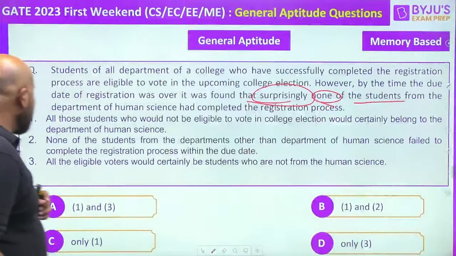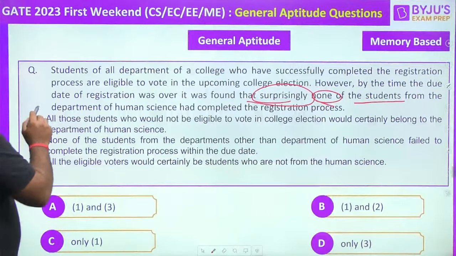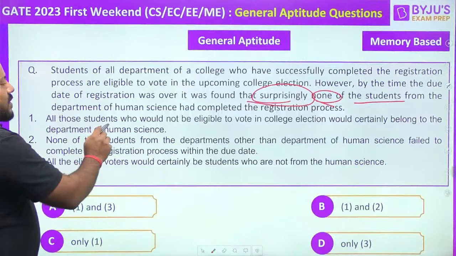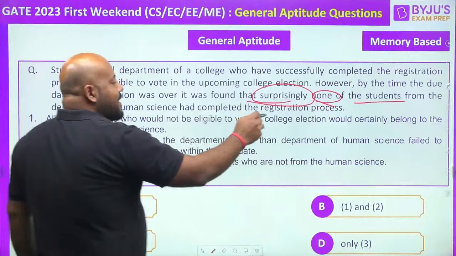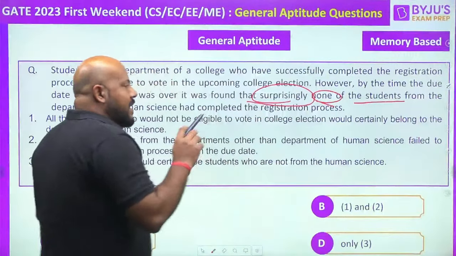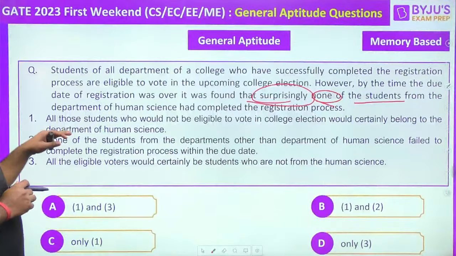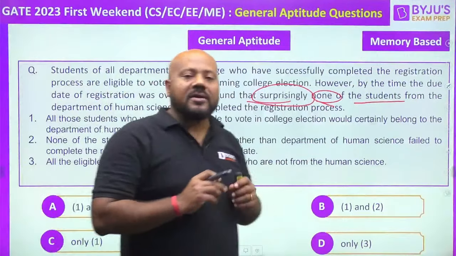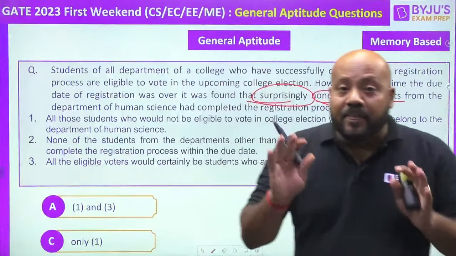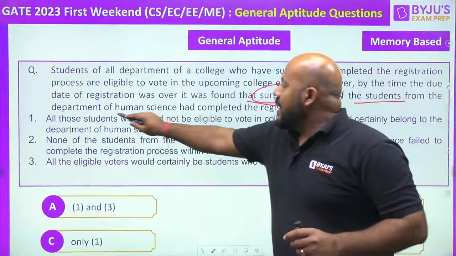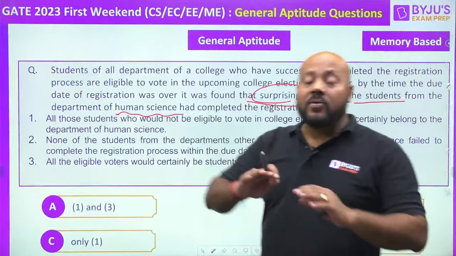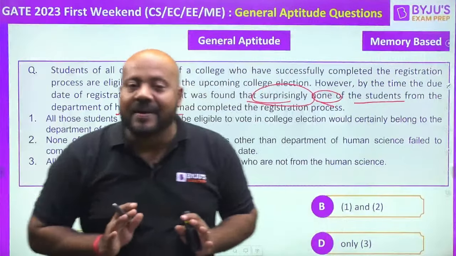Understand. Statement 1. All those students who would not be eligible to vote in the college election would certainly belong to the Department of Human Science. Now, this is a wrong statement. In the passage, he is only talking about the Human Science department, but he is not giving you any information for other departments.